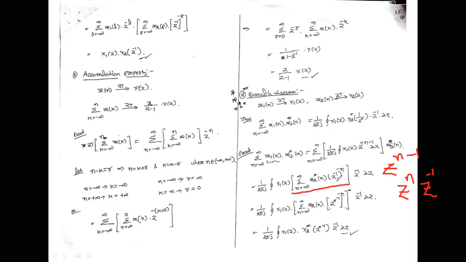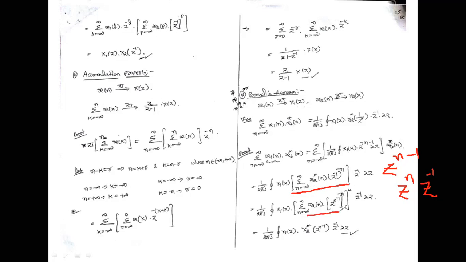Instead of z there is a z inverse, and also we can write these by the conjugate property. What is the conjugate property? It says that you can write x2 star of n becomes x2 of n, and z becomes z star.